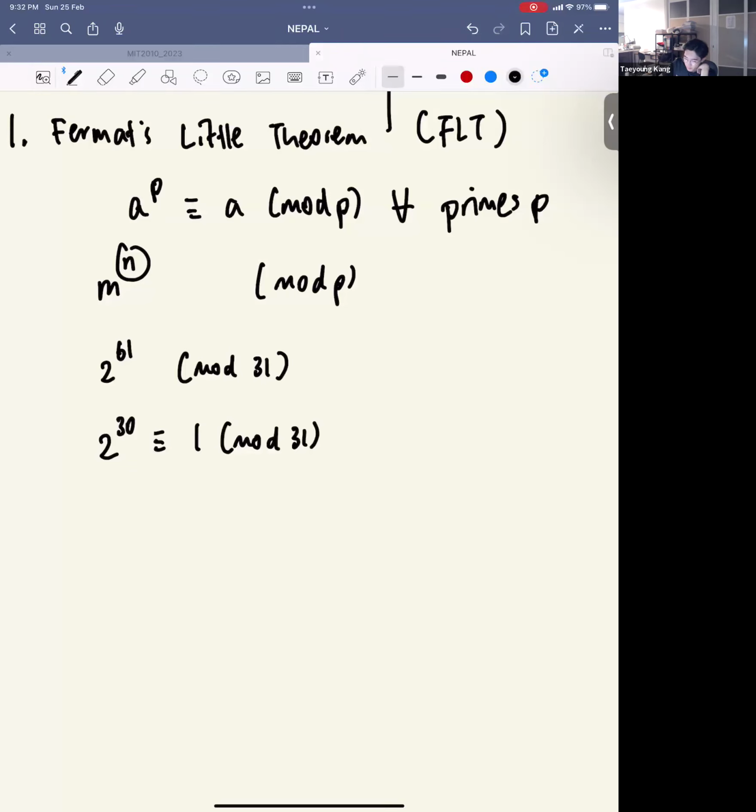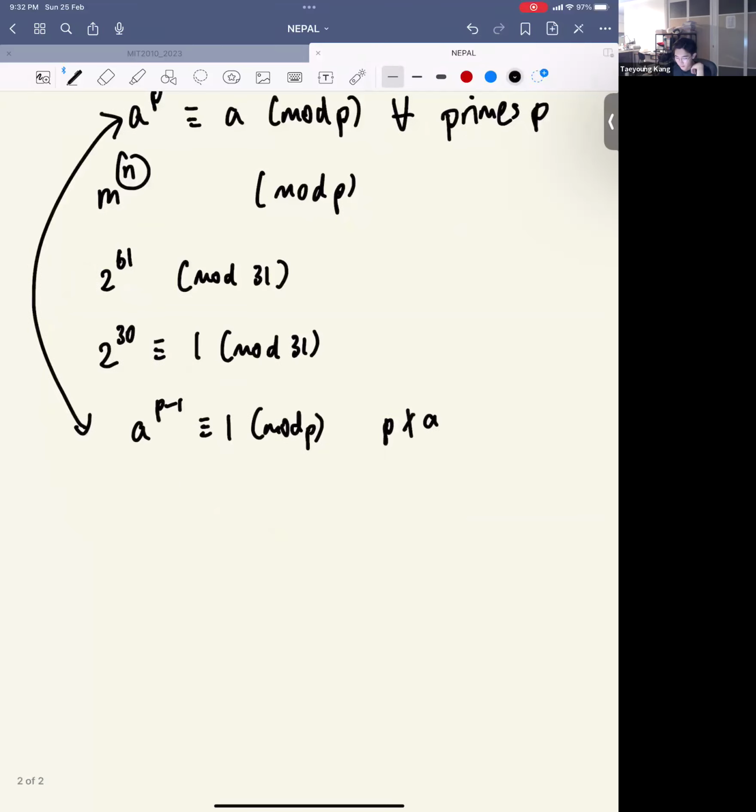Because this is equivalent to a to the power of p minus 1 is congruent to 1 mod p as long as p does not divide a, correct?